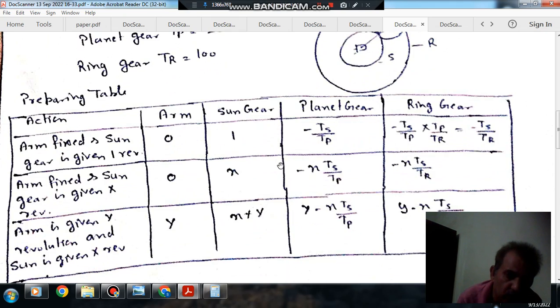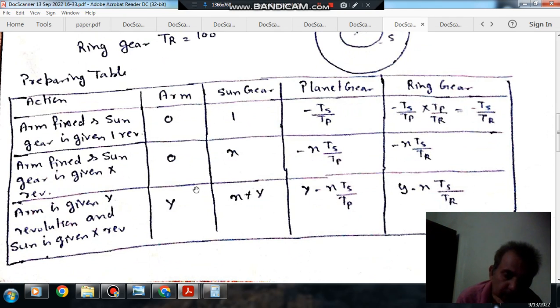Now when X revolutions are given to the sun gear instead of 1, it will be minus X TS by TP for the planet, and for the ring gear minus X TS by TR.